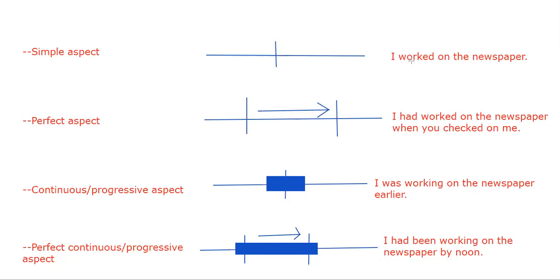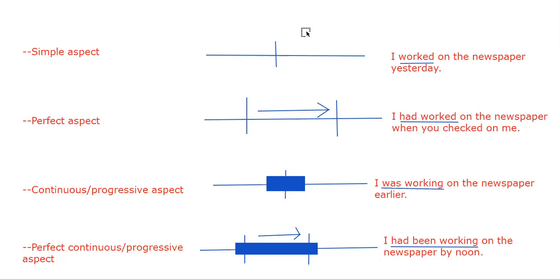Okay. So here we have past simple, past perfect, past continuous, and past perfect continuous. The first one is like, I worked on the newspaper.